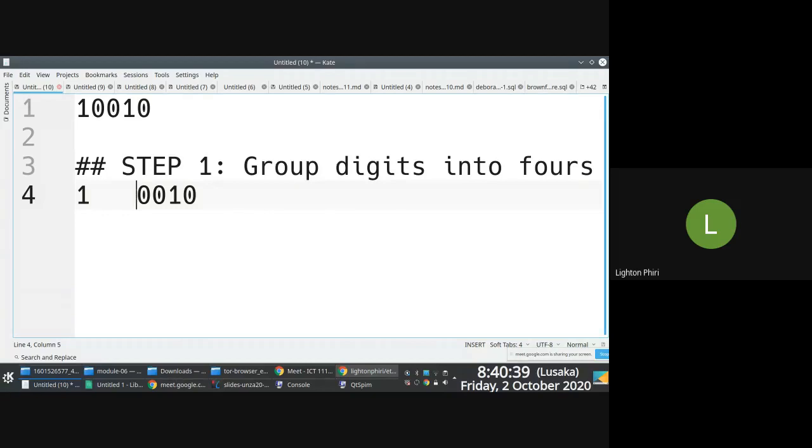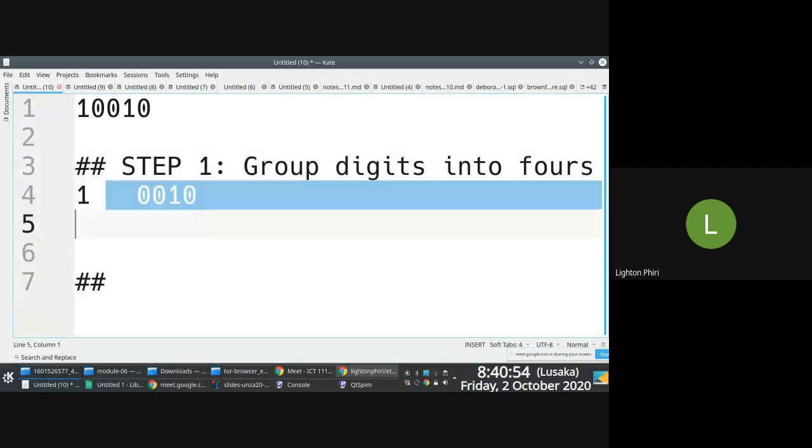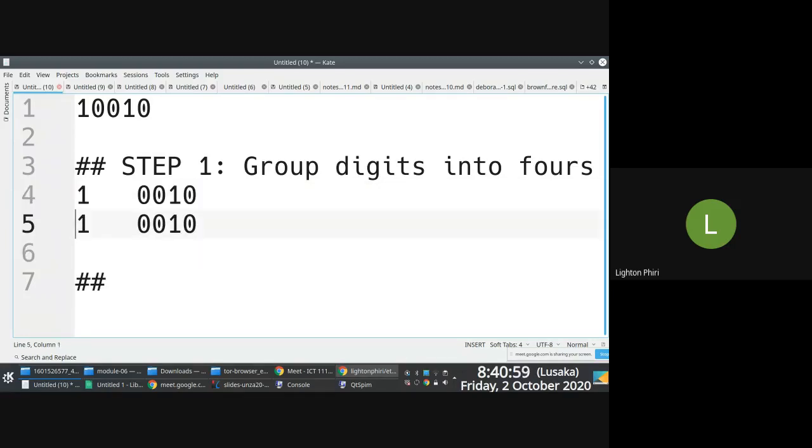Step 2, make sure that when you group them into 4s, well, this is still grouped into 4s. Because this has a single digit, we need to prefix this with zeros until we get a group of 4. So what we have here is 0, 0, 0.